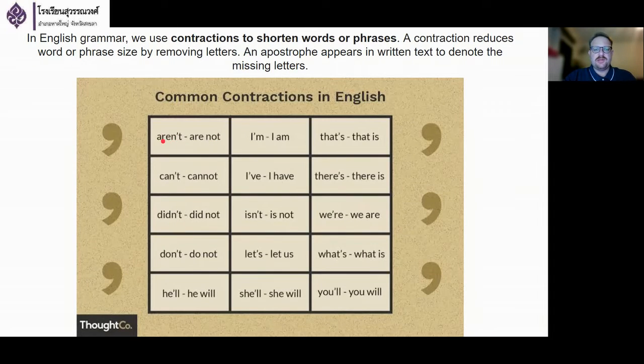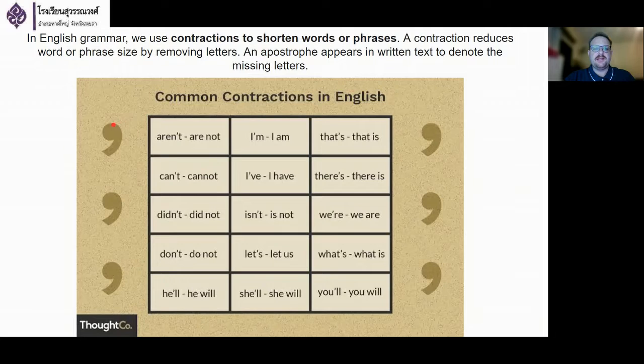Aren't, A-R-E-N apostrophe T, used to be are not. So are not became aren't. Aren't is the contraction of are not. These are common contractions in English.